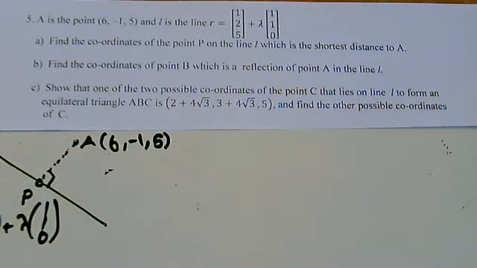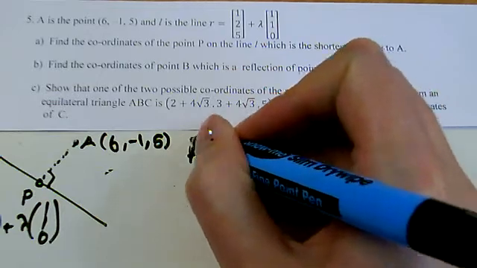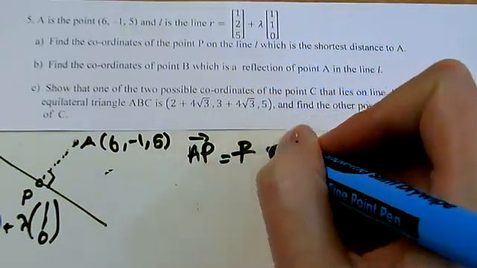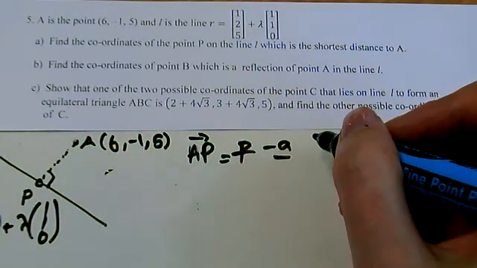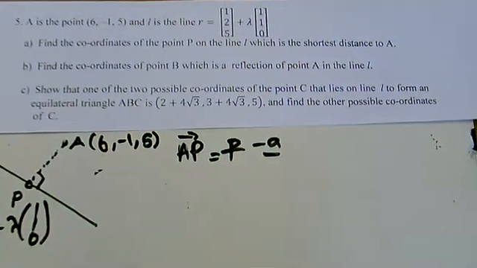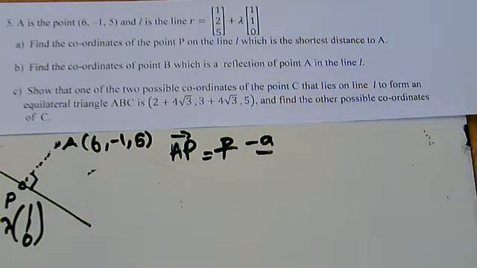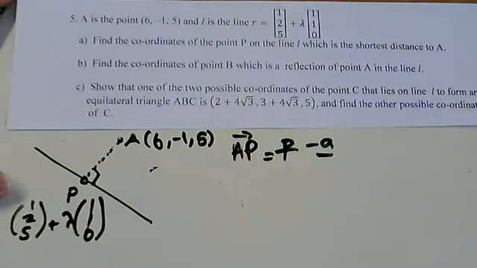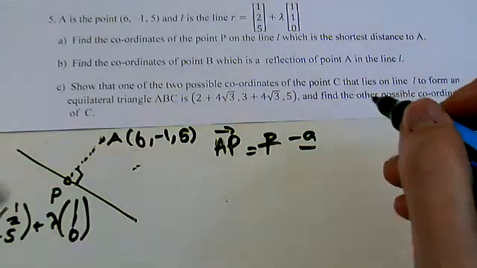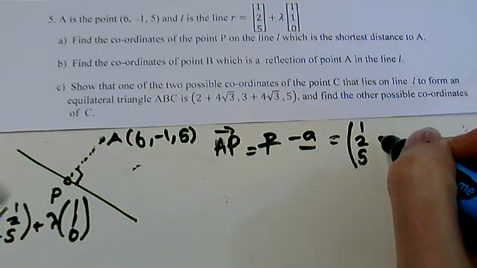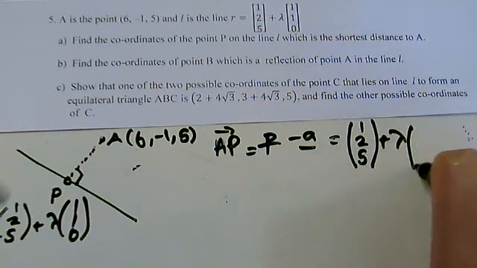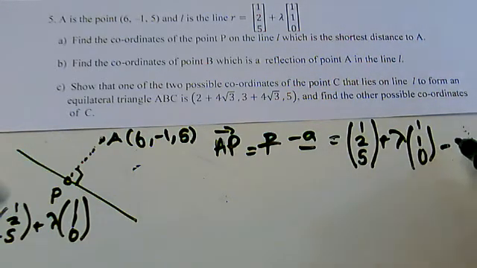So to work out the vector A to P then, we know that's the position vector of P, take away the position vector of A. So that's 1, 2, 5 plus lambda lots of 1, 1, 0, take away the point A, which is 6, minus 1, 5.